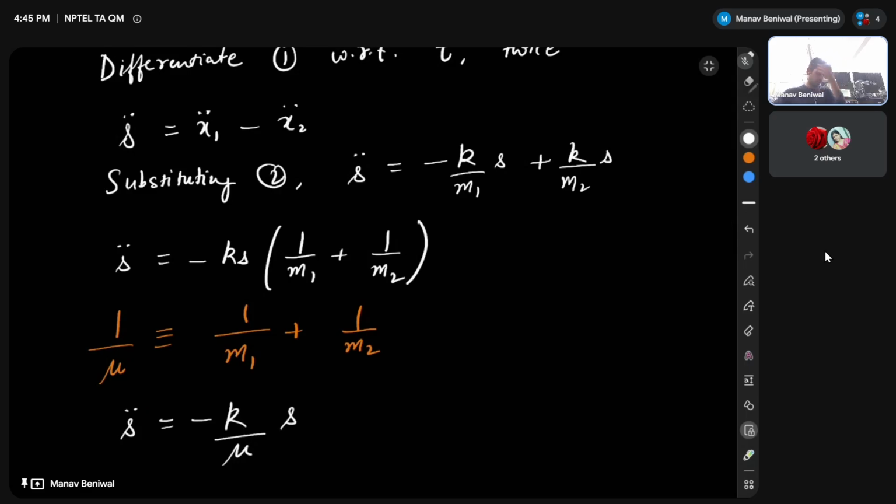Okay, and this mu is known as the effective mass. Okay, so it also has a name for it. Sorry, this is not the effective mass. This is called reduced mass.